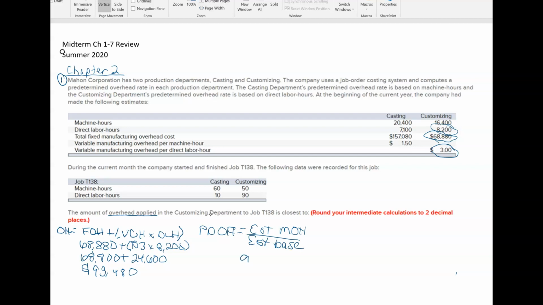The estimated manufacturing overhead is what we just calculated, 93,480, and the base is direct labor hours of 8,200. That gives us a predetermined overhead rate of $11.40 per direct labor hour.